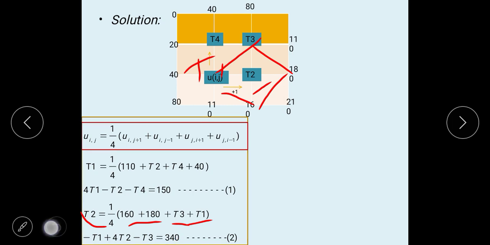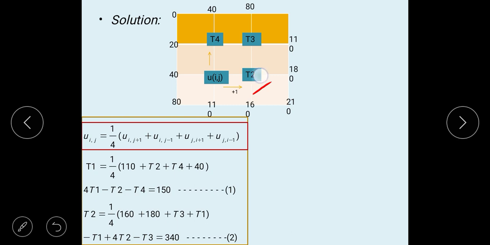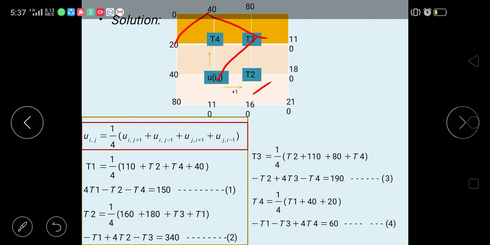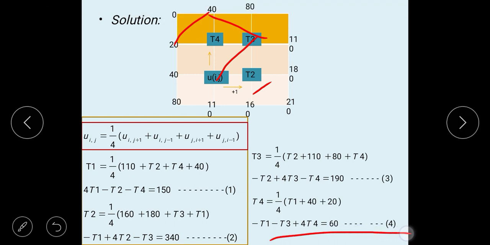Similarly for T3 you will get T3 equal to 1 by 4, T2 plus 110 plus 80 plus T4. Then taking 4 on the left side, you get 4T3 minus T2 minus T4 equal to 190. That is your third equation. Similarly for T4, T4 equal to 1 by 4, T1 plus T3 plus 40 plus 20. After simplifying you will get the fourth equation.